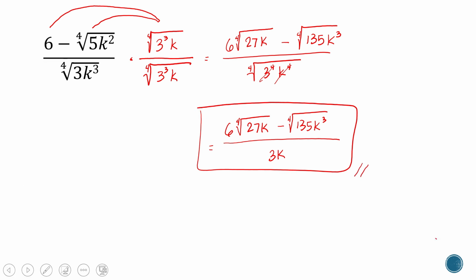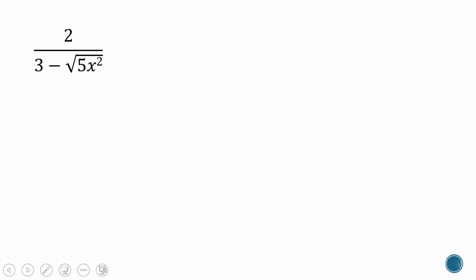All right, let's go to the last example. Here we have a situation wherein we need to multiply the denominator by its conjugate. Before we do that, I can see that x squared is a perfect square term. We can rewrite this as 2 over 3 minus the square root of 5.